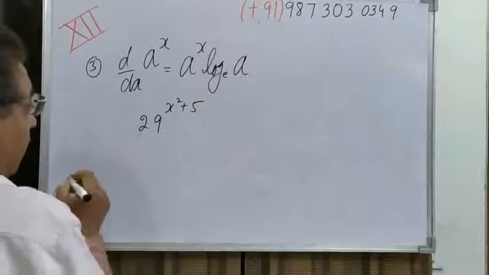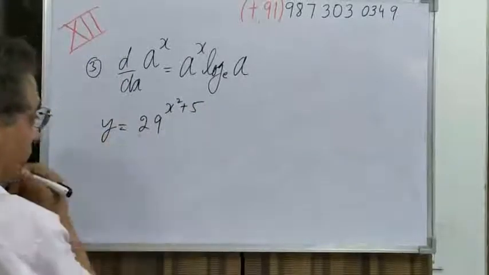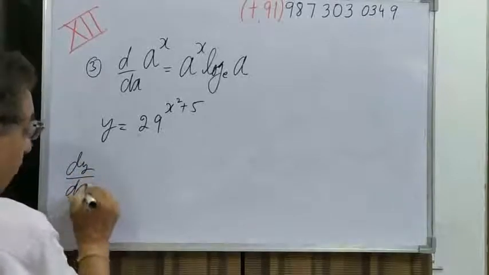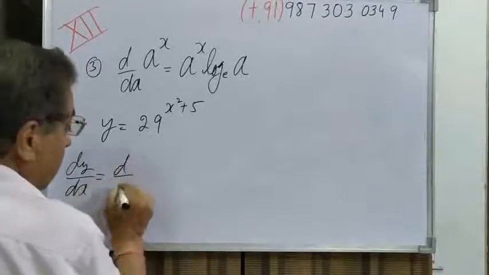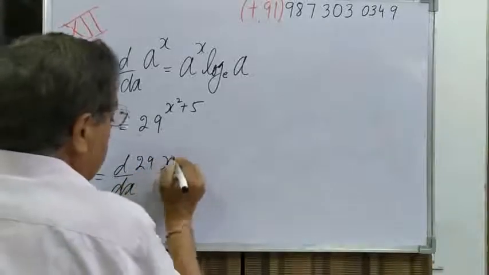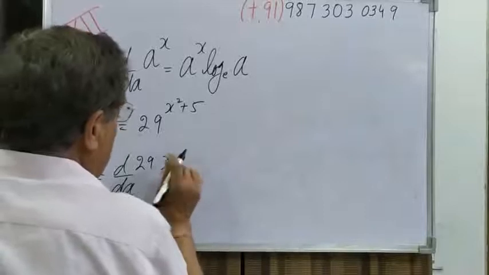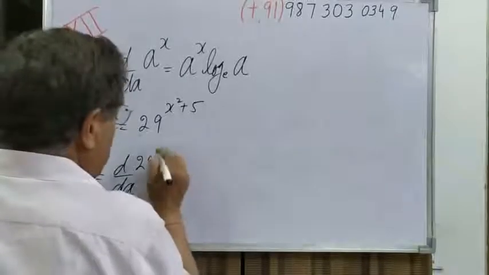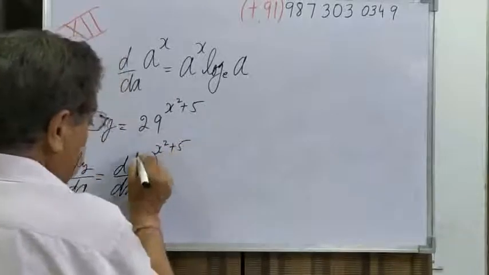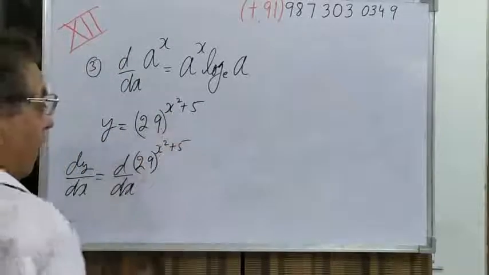Say y is equal to 29 raised to power x square plus 5. Then its derivative will be dy by dx.